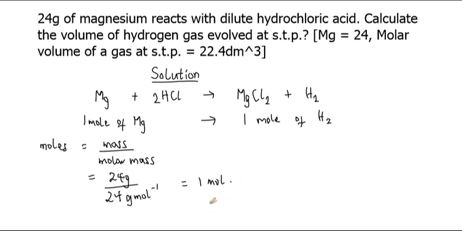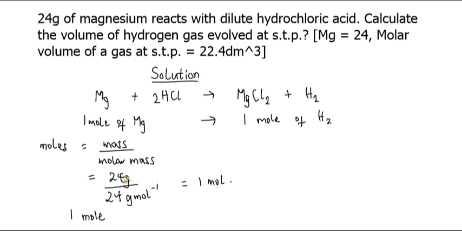Now let's go back to the relationship we have here. If 1 mole of magnesium liberates 1 mole of hydrogen gas, then from the number of moles of magnesium that reacted, which is 1 mole, and this could vary depending on the mass given.